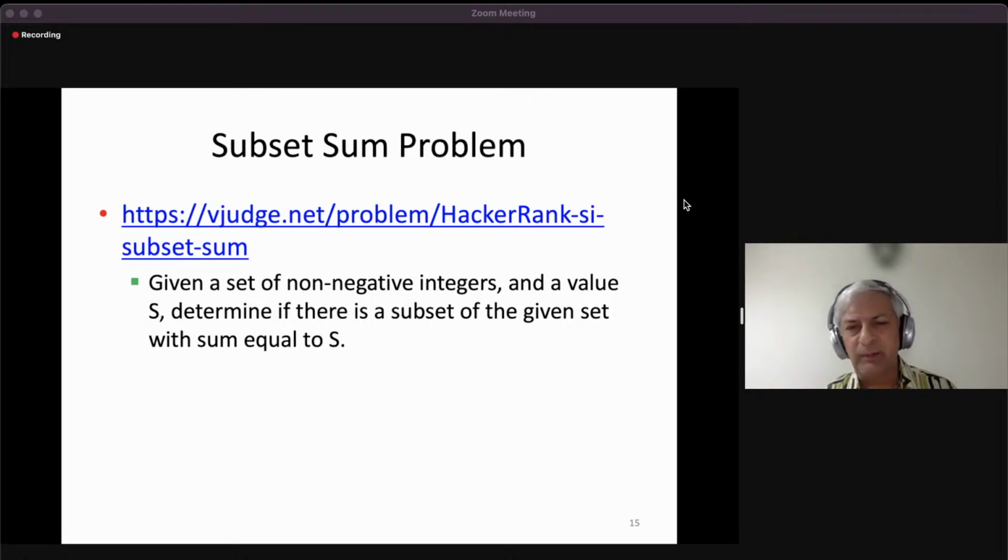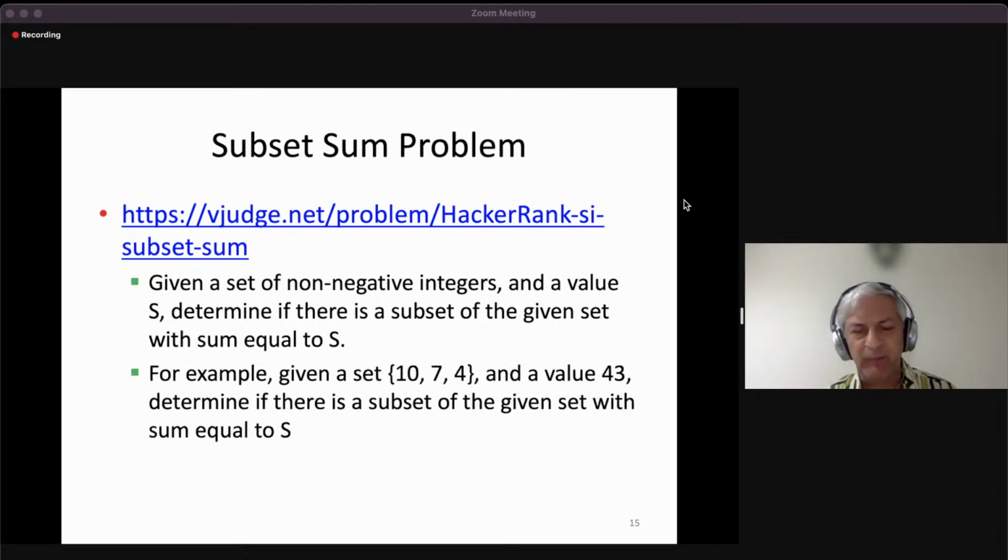If you think about this for a couple of minutes, this is exactly the exact change problem. For instance, in our particular example, we were given three numbers, 10, 7, and 4, which were the denominations of the coins that we used.